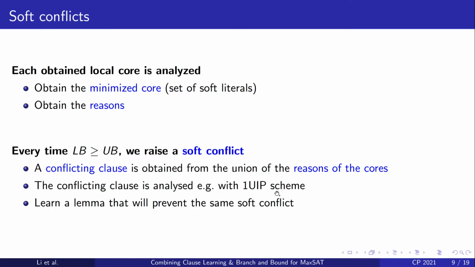This clause will be obtained from the reasons of the cores, and then this falsified clause can be analyzed as any conflict-driven clause learning SAT solver would do, for instance using the first unique implication point scheme, and we will be able to learn a lemma that will prevent having the same conflict in the future, and we can backtrack or backjump and continue with the search.